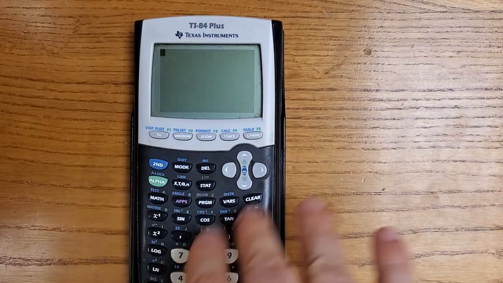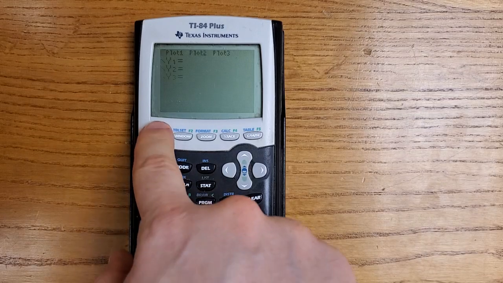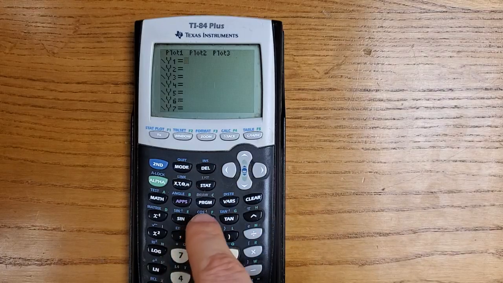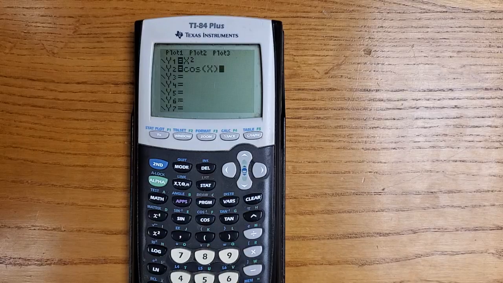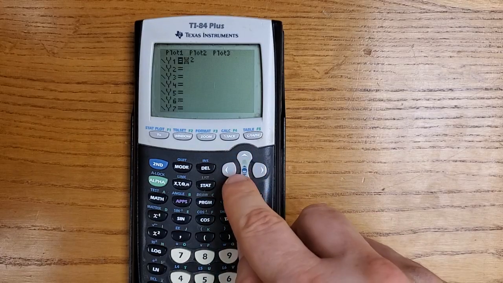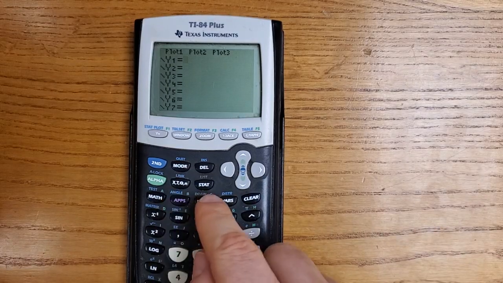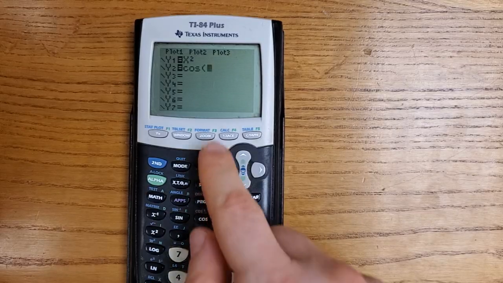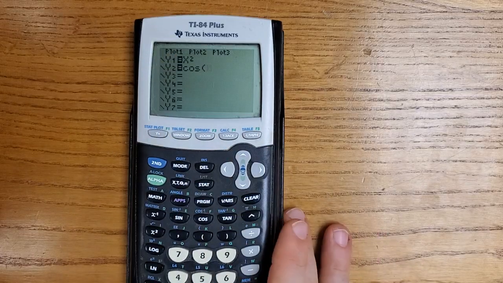It does a lot of different stuff, but the questions involving this seem to stick mostly to the graph. So you go to the y equals button that gets you the list, and you can type stuff in. You can do x squared, you can do cosine of x, and so forth. If you happen to want to do a composite function, we have x squared, and then we want the cosine of x squared, but instead of typing it out again, we just want to say the cosine of y1, right?